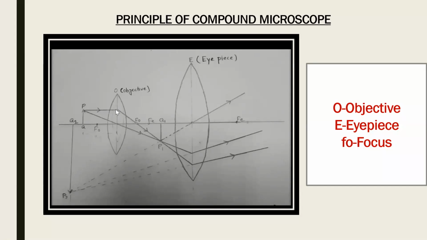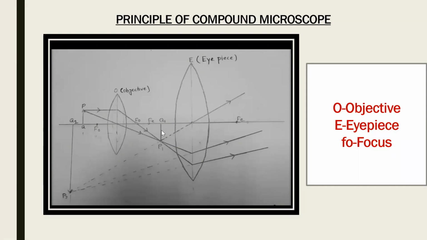After refraction, it will pass through the principal focus of the objective FO, and another ray passing through the optic center will pass on straight. The point where these two rays meet, you will get the image formed by the objective. That is P1Q1.